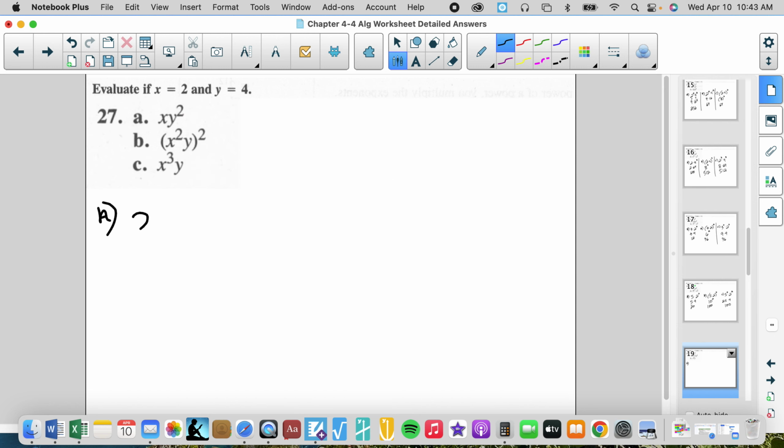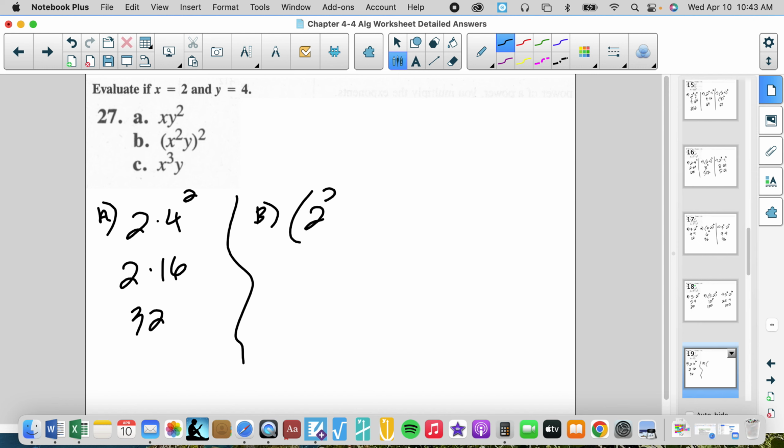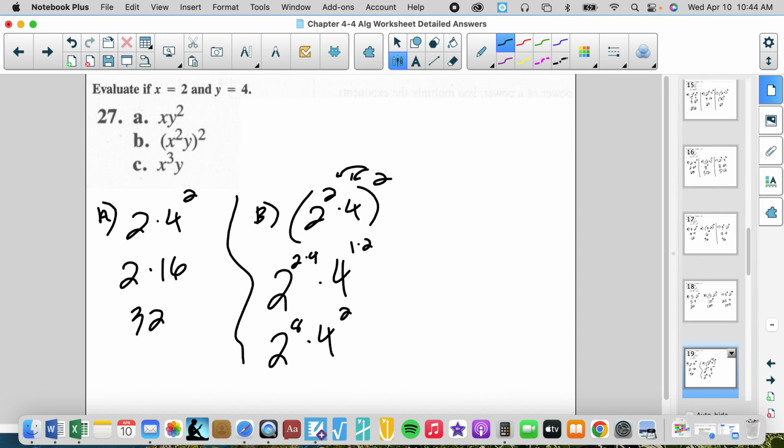A is 2 times 4 squared. We're going to do the exponent first, 4 squared, and then we'll do the product, which is 32. We have 2 squared times 4 quantity squared. Now we can do a couple things. We can distribute this, power of a power. So that can be 2 to the 2 times 4 to the 1 times 2, which is 2 to the 8th, 4 to the 2nd.